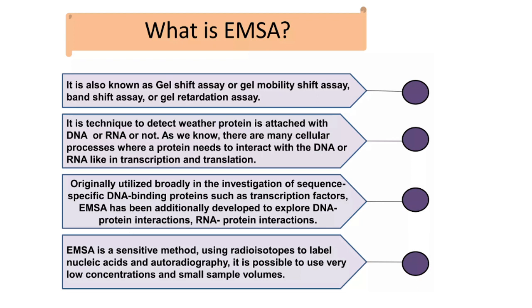And as I mentioned, it's a very sensitive method using radiolabeled probes. So this DNA or RNA is radiolabeled, and it is made to interact with your protein, and in that way you can study the protein-DNA complex formation via the autoradiogram, and it is possible even at very low concentrations and samples of your protein as well as the DNA.